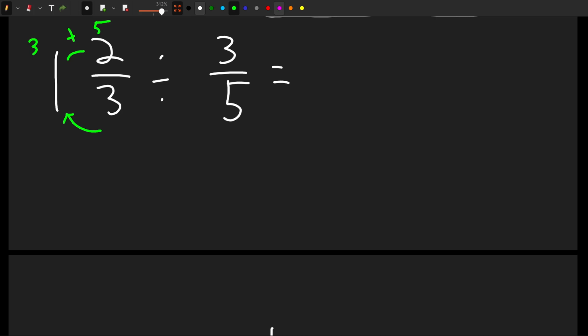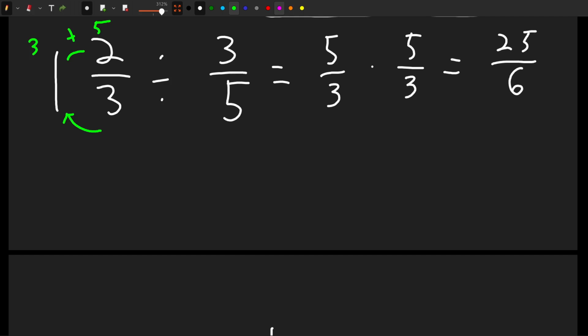And so now we will have 5/3. Again, we'll use the reciprocal for the remainder, and we'll get 5/3 times 5/3. And in this case, nothing cancels out, so we are left with 25 over 6. Awesome.